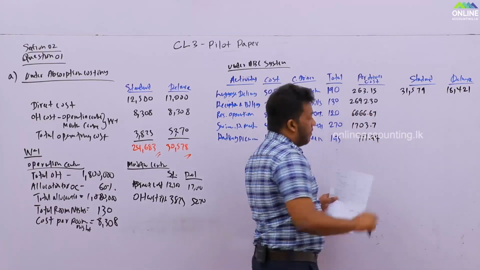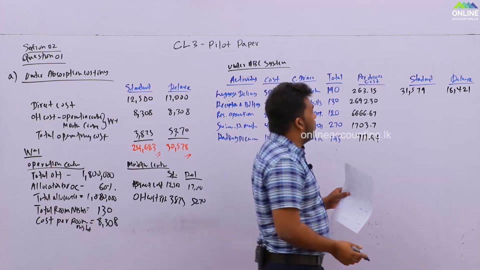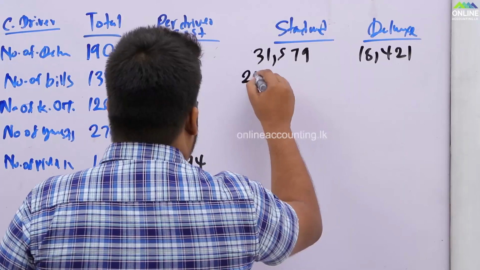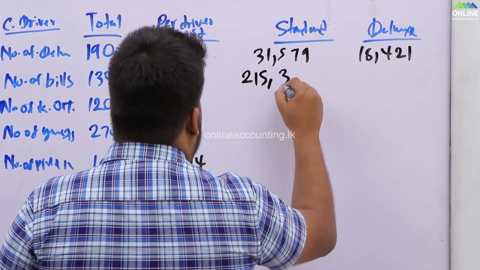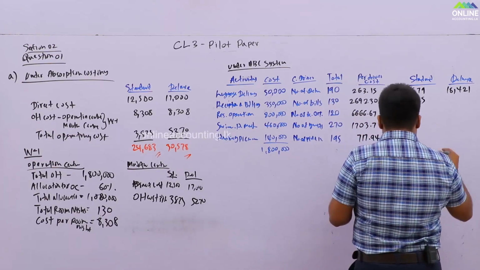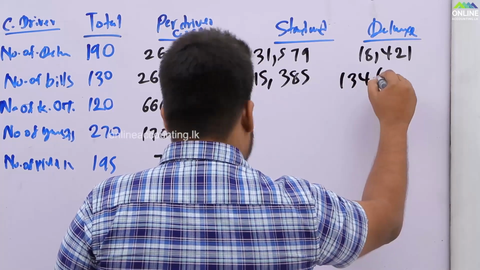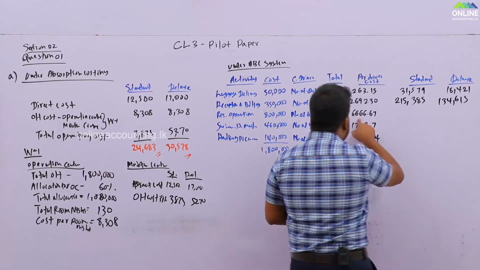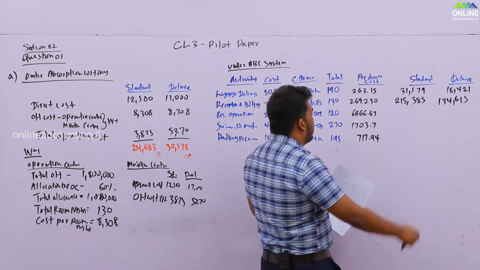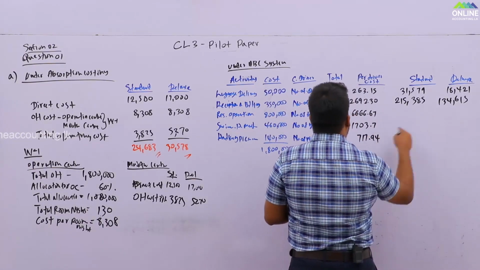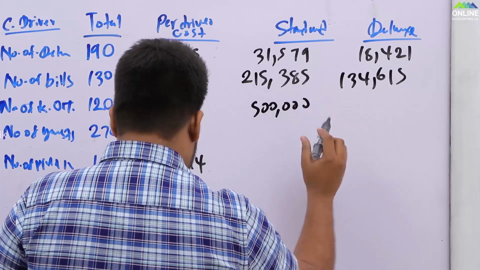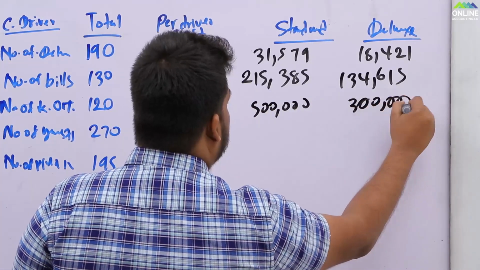The second one, for the standard 80 and for the deluxe 50: this into 80 is 215,385, and this into 50 is 134,615. The next one, this into 75 and 45: answer is 500,000, whereas for 45 the answer is 300,000.